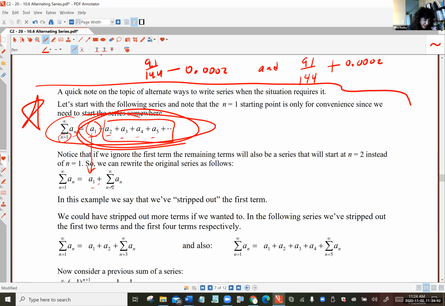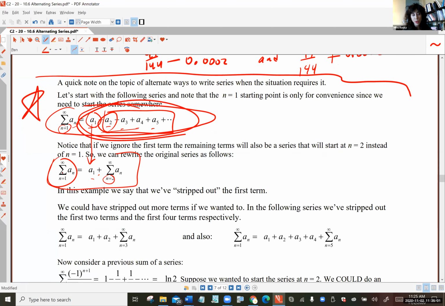Well, how would you do the rest of the guys? You start at n equals 2 because the rest of the guys start at a2, a3, a4. So this is another representation of the original series where you pull out the first term plus the rest of the guys. And this is true however many terms you want to strip away. They call this stripping out. So if you just strip out the first term, it looks like that.